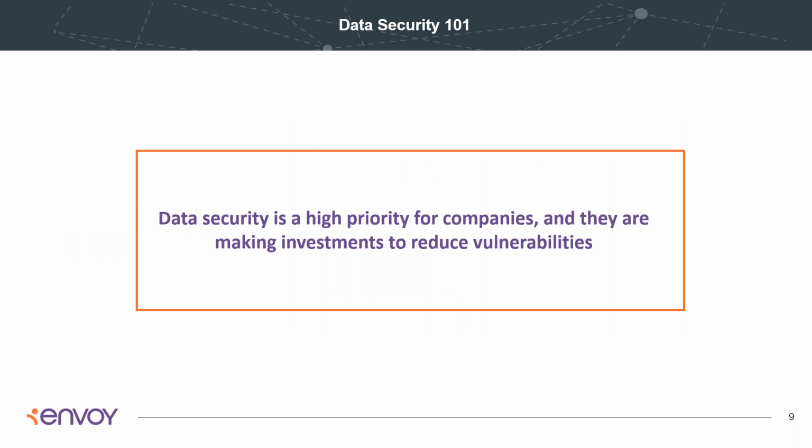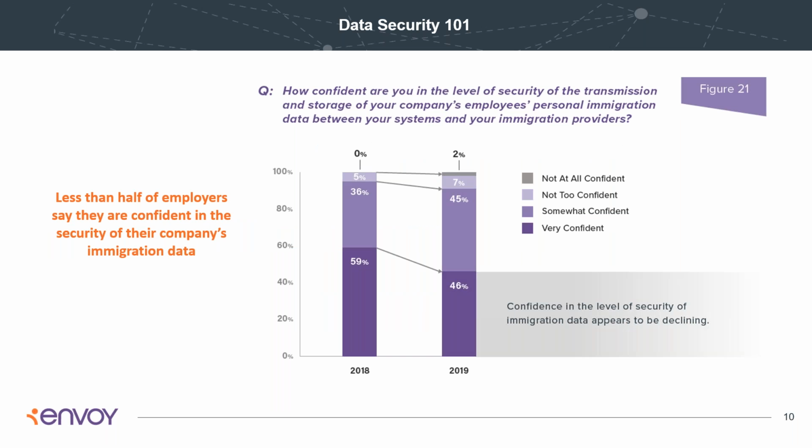As we move along, why are these companies making such investments? As we see on this slide, 46% of employers say they're confident in the security of their company's immigration data in 2019.